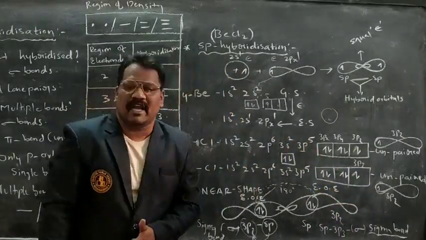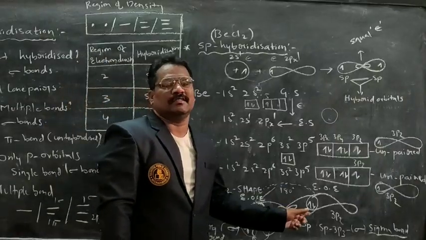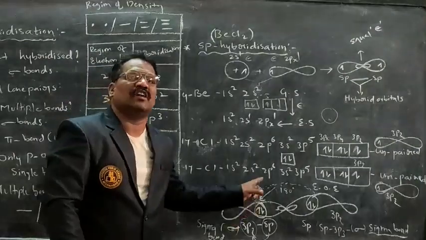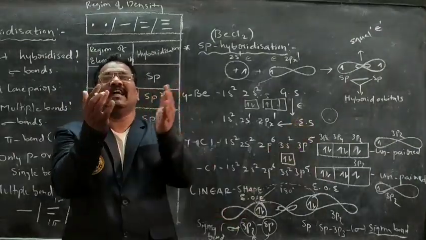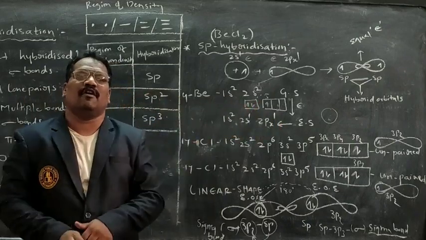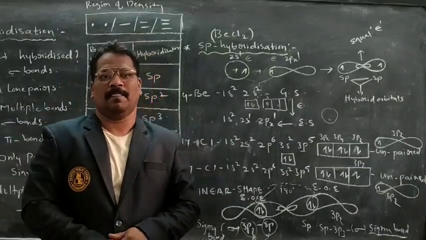At what angle is it minimized? At an angle of 180 degrees. At 180 degrees, the force of repulsion is minimized. In that way, a specified structure is obtained for the beryllium chloride molecule.